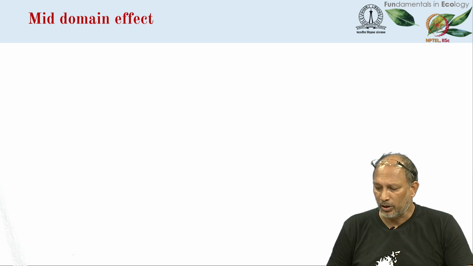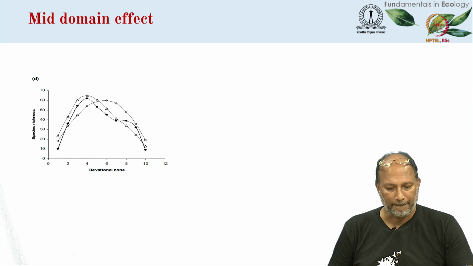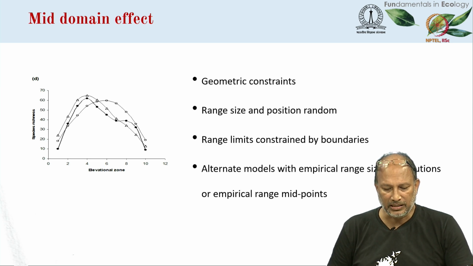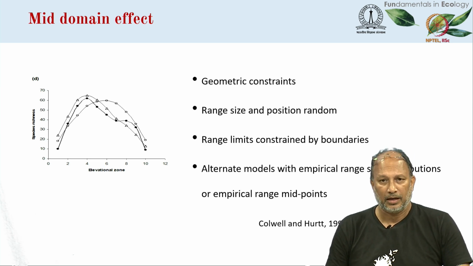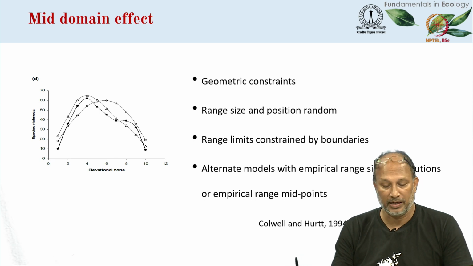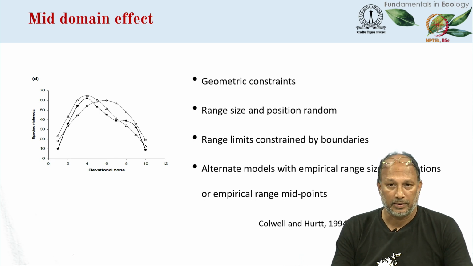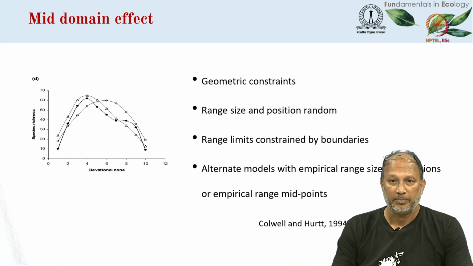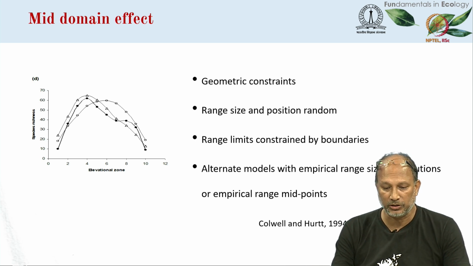Now, this led to what was proposed as the mid-domain effect, which is a neutral model proposed by Colwell and Hurt first in 1994, and then Colwell and Lees presented a more general framework for this in 2000.